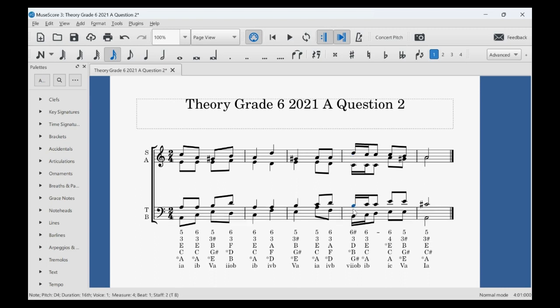Okay, let's see if this works. B, B, D, G sharp.